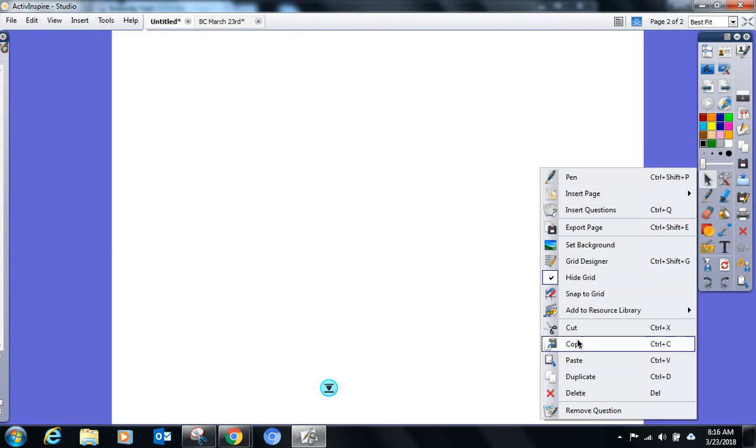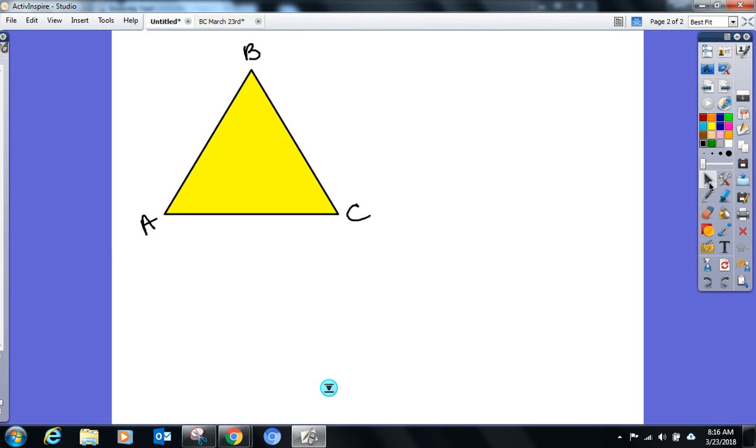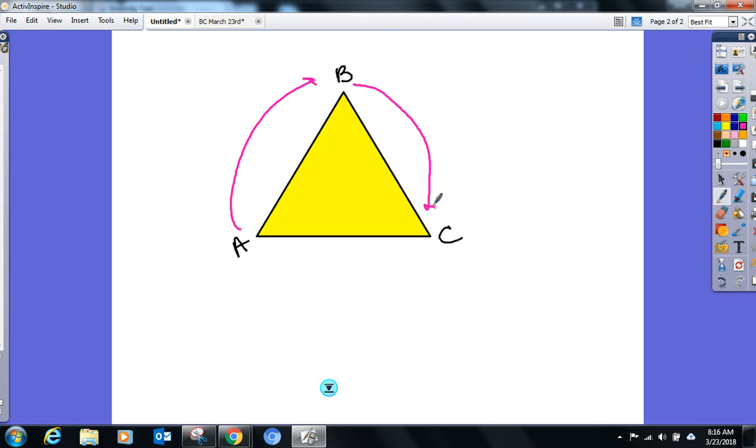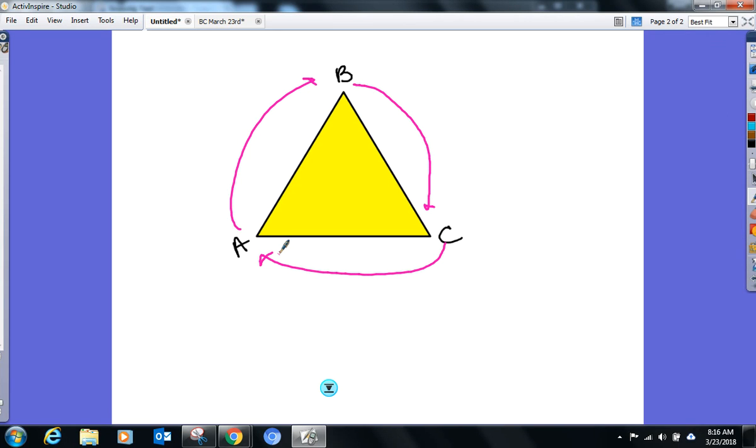Here, let's test it out. Andrew, give me an order of the vertices, any order. That's original, yep. What direction are we going with A to B to C? Clockwise, everyone ready?